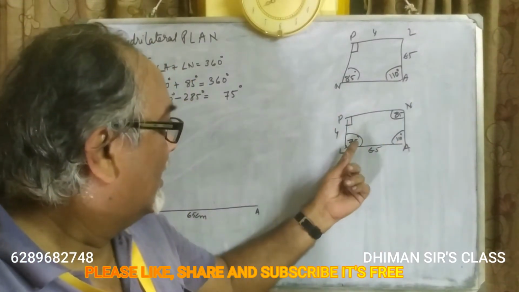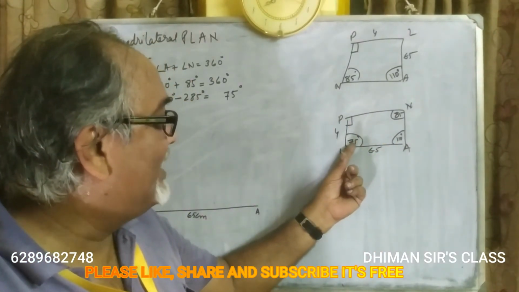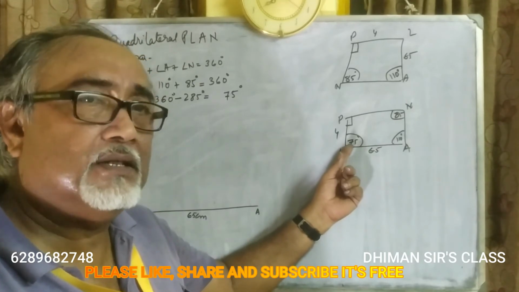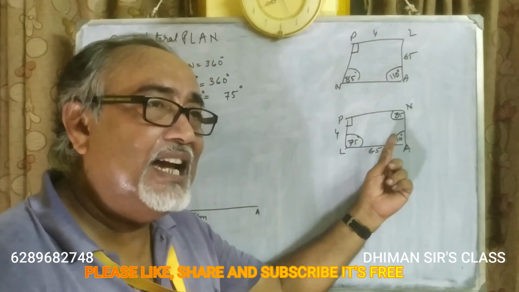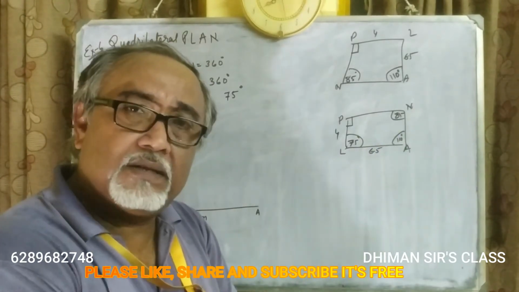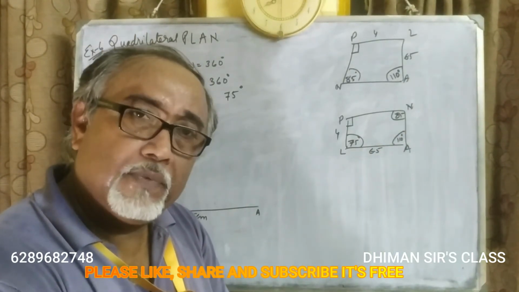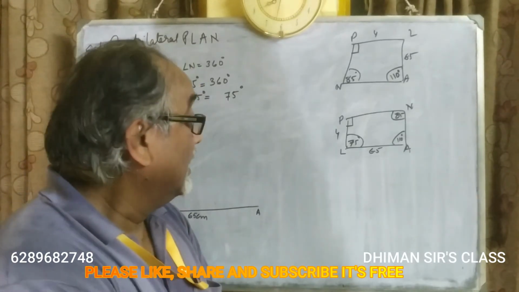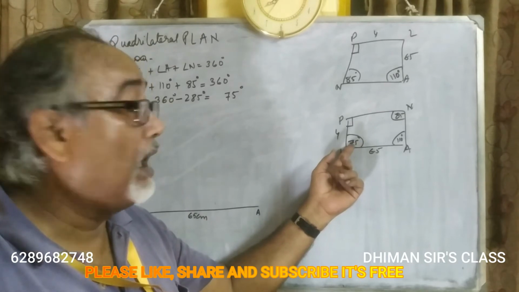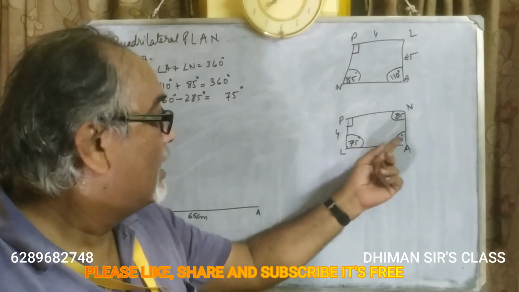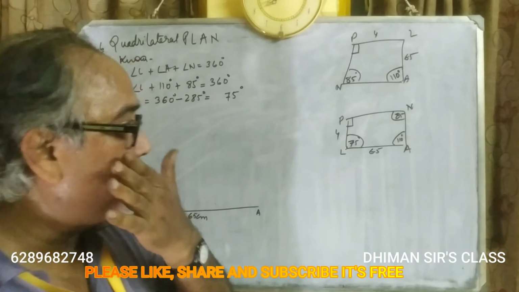Here, can we draw 75 degrees with pencil and compass? And can we draw 110 degrees with pencil and compass? Yes or no? Some of you will say, sir, yes, we can draw 75 degrees with pencil and compass, but we cannot draw 110 degrees.